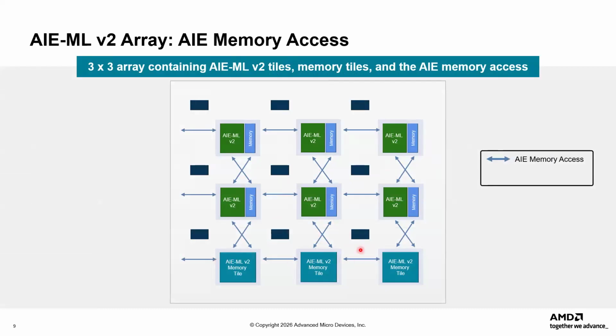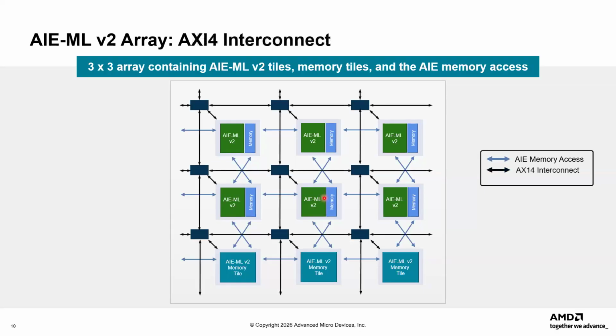So part of the enhancement when we get to the AI engine ML and the MLv2 is that there's more flexibility in terms of how these connect. Each tile can still access the memory that's east, west, north, south, so a total of 256 kbyte of memory that's available. The streaming works the same. I can stream going east-west as well as north-south.